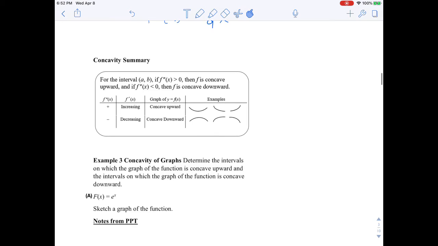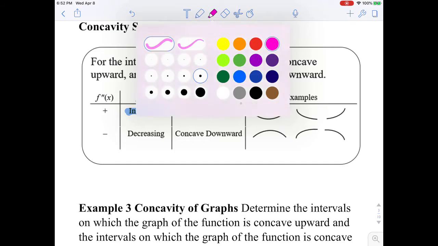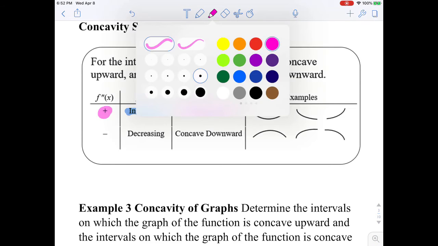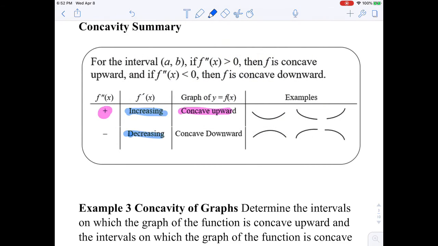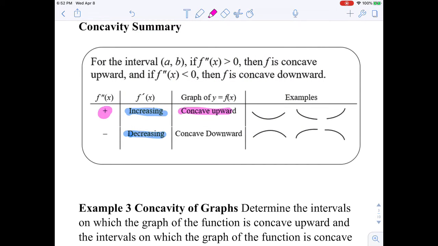So what's happening to our graph with the different derivatives? If the first derivative is increasing, the second derivative will be positive, and it will concave upward, as seen by the examples there. If the first derivative is decreasing, it's a negative second derivative.